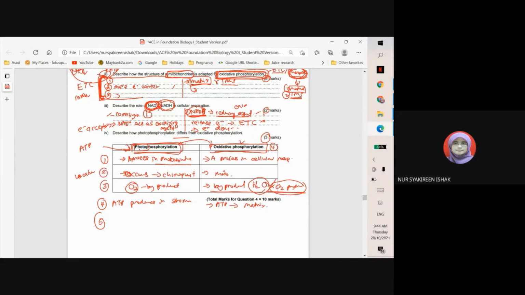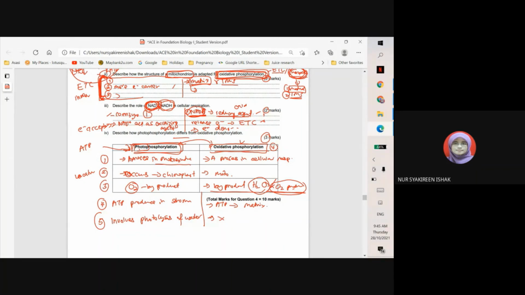During photophosphorylation of photosynthesis, light energy is required to split water molecule, and this process we call it as photolysis of water. Okay, so tapi kalau untuk oxidative phosphorylation, you can easily mention that no photolysis of water occurs.